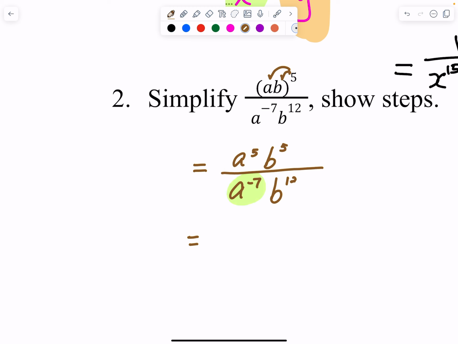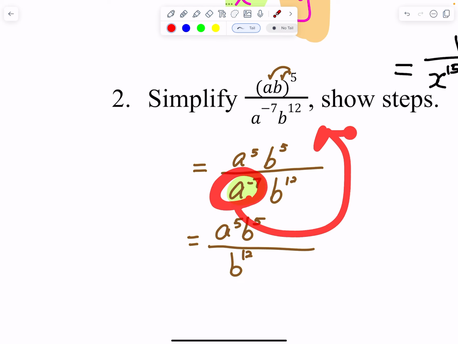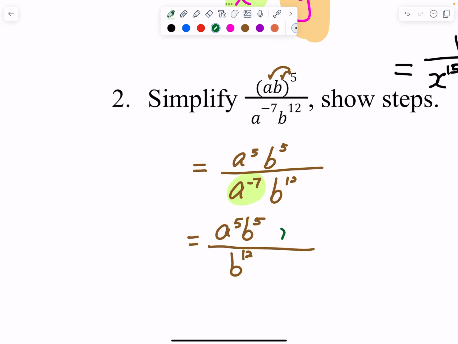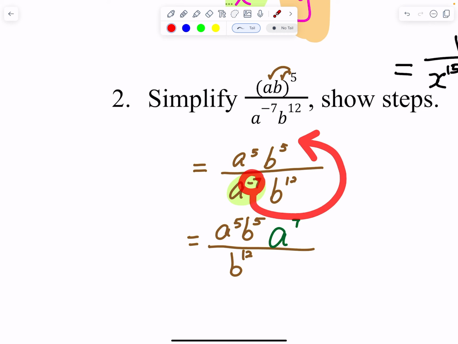So the first one, no change. Even B12 has no change. But this one changes to the upside. When it goes to the upside, it becomes positive. It's negative here, and when it goes to the other side, it becomes positive. Positive means there's no negative sign in front.